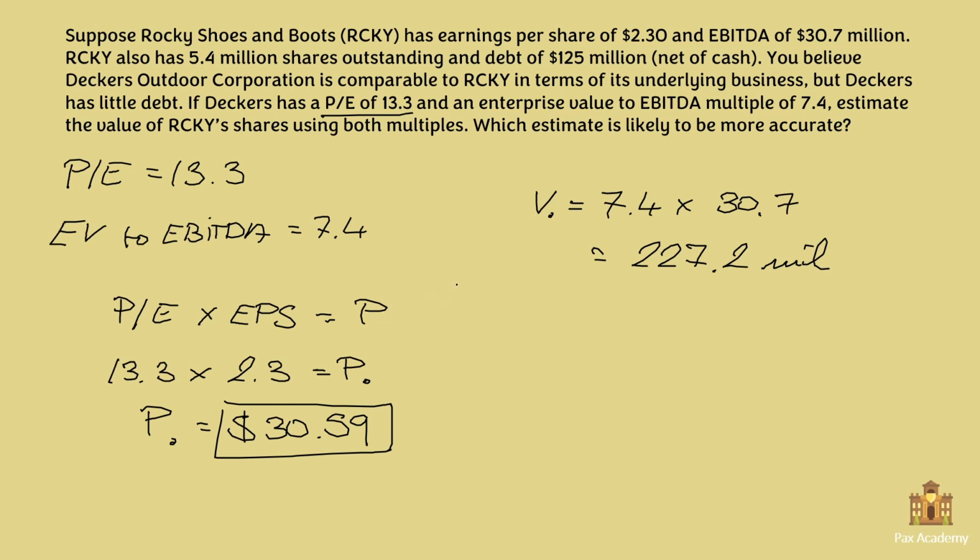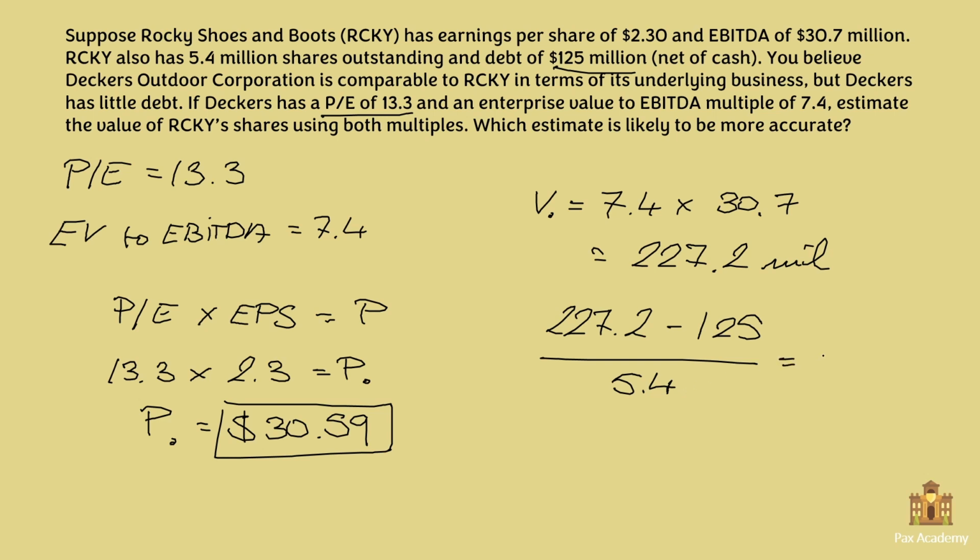In order to find the price, we then need to subtract the debt of 125 million and then divide it by the number of shares there are, which in this case is 5.4 million shares. Only then can you find out the price of each share.